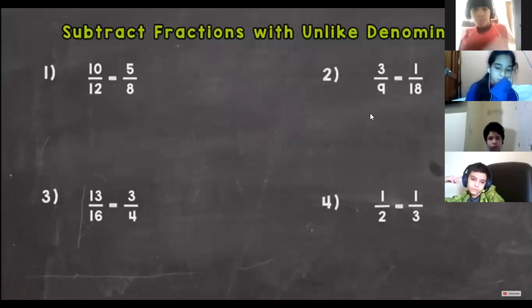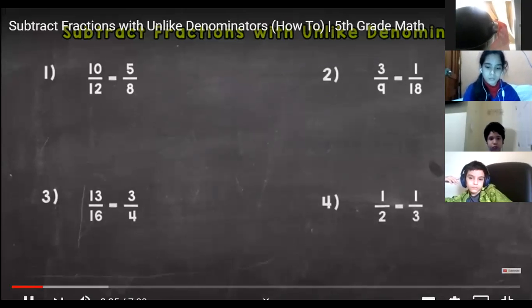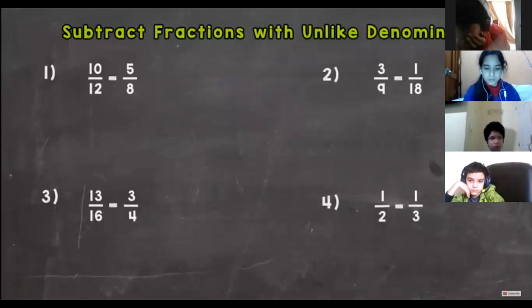It's the same exact steps, you're just subtracting instead of adding. So you need a common denominator, you need to rename with that common denominator, and then you need to subtract. And then you need to check if your answer can be simplified. So same exact steps, just need to subtract.